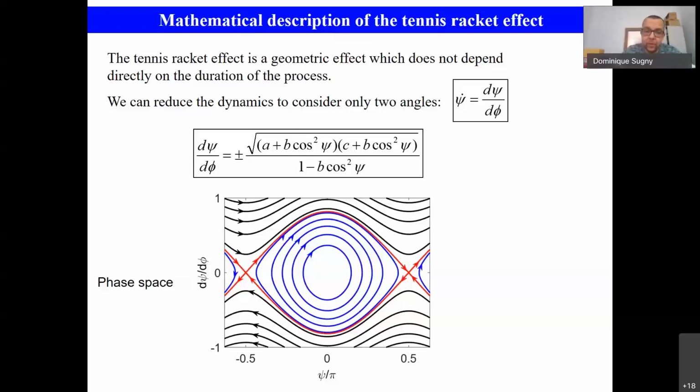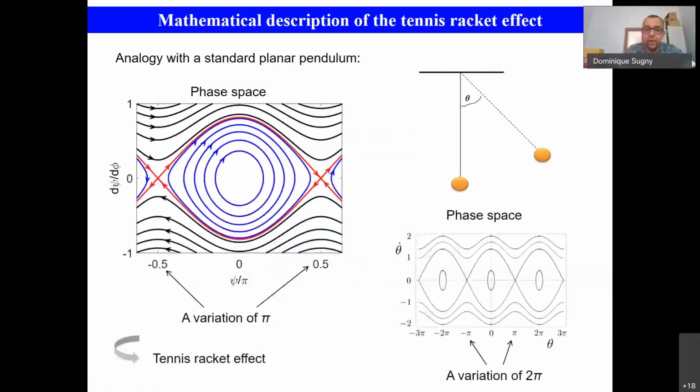And here again, we have the 2 unstable points, which are connected by the separatrix. Okay, and so we can use this analogy with a planar pendulum. Here I recall the standard phase space of a planar pendulum, so a parallel can be made between the 2 phase spaces.